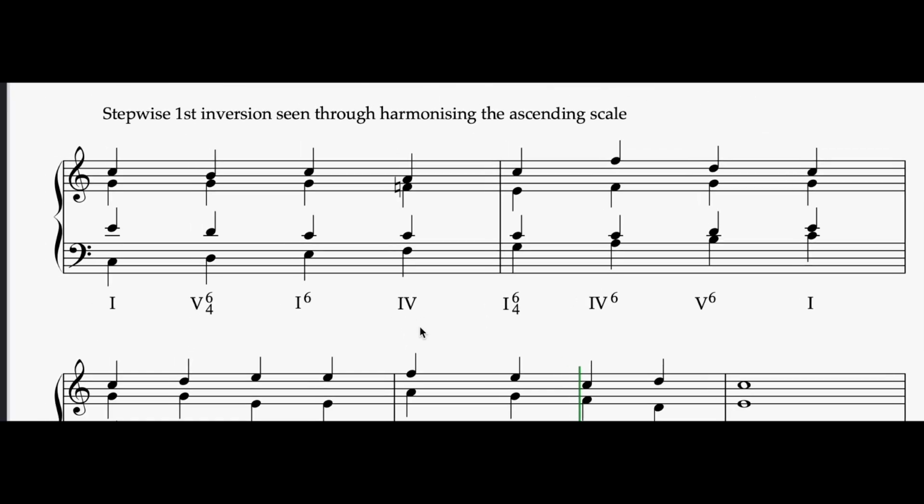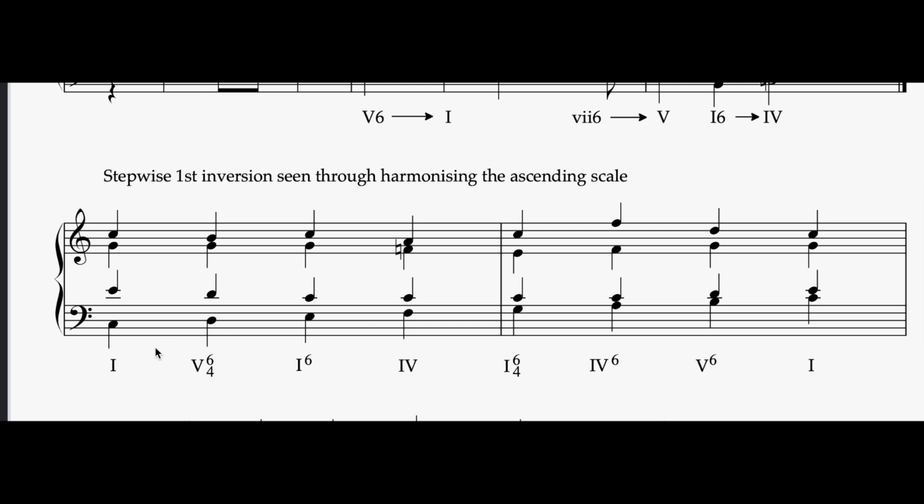Okay, so now I've got some examples here. The scale can teach you some simple uses of first inversion in stepwise motion. So what I've done here, I've harmonized the ascending scale.